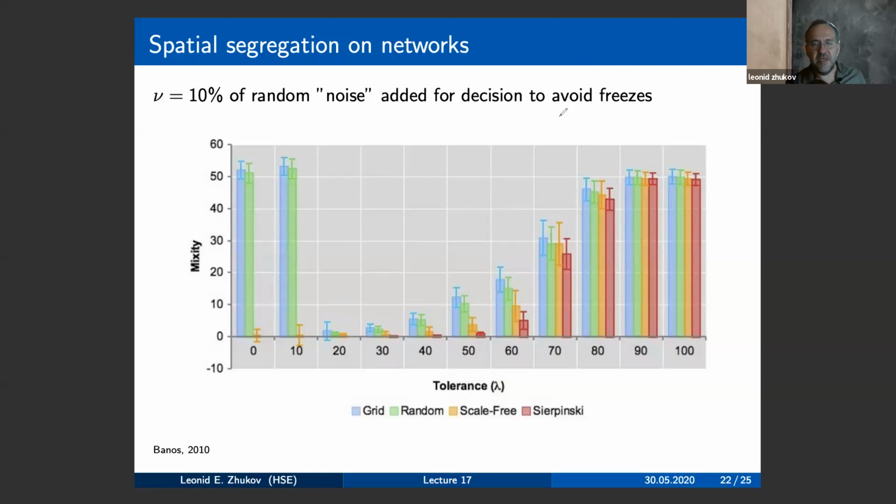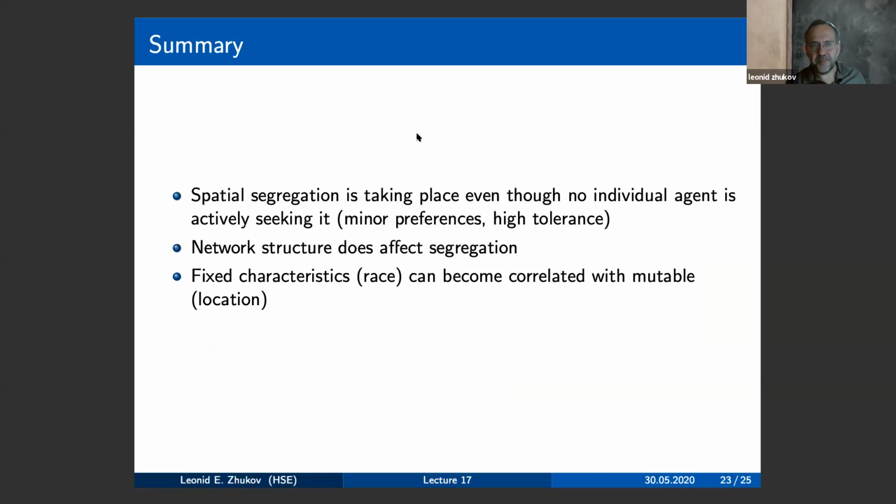Okay, the good news though is that this is a very simple model that drives this very unusual behavior of segregation. One side is the sociological and economic consequences of this paper and the model: you do have this segregation and it takes place, even though the individual agent is not actively seeking it and does not have a low enough tolerance, it still leads to segregation.